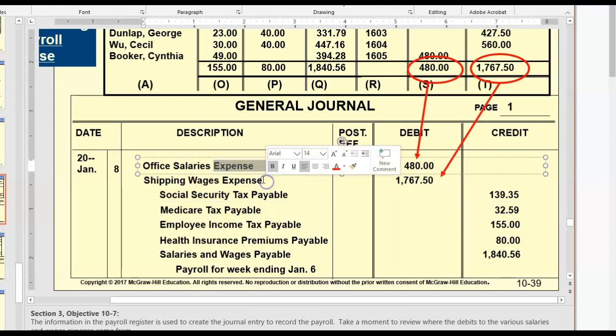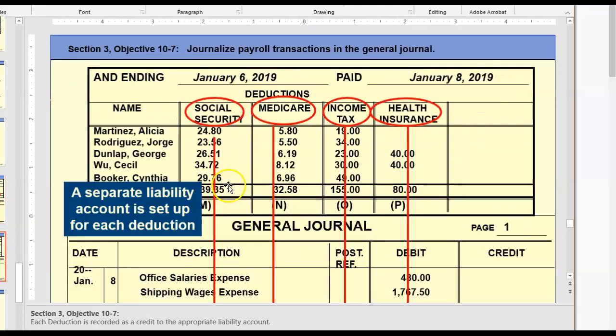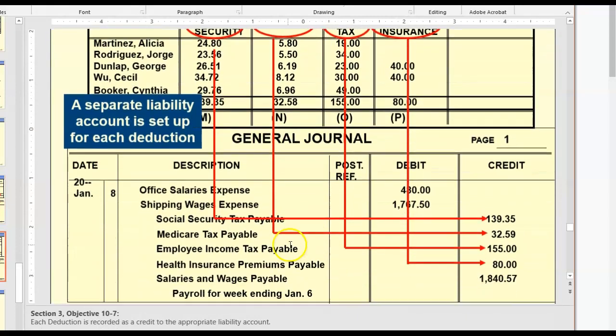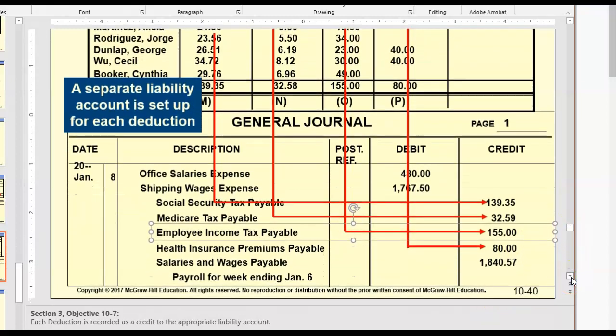All expenses, remember, are debits, so they get the debit, the two expenses. And all the taxes that you owe and pay later would be tax payable. And that is all the credits. Both sides should equal. Your debits will equal your credits.